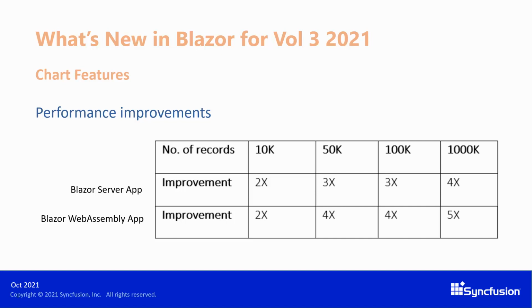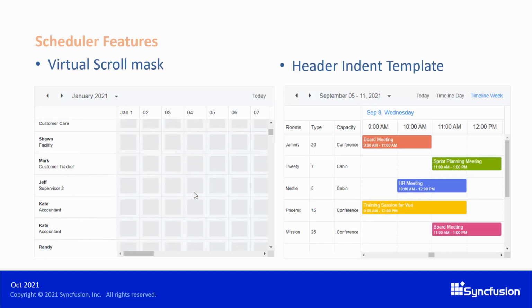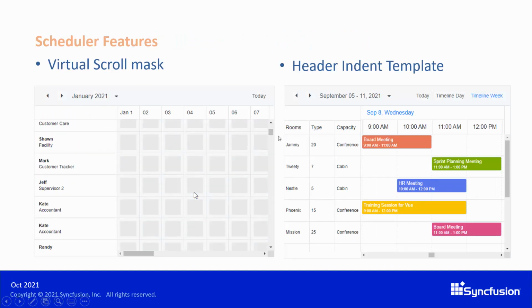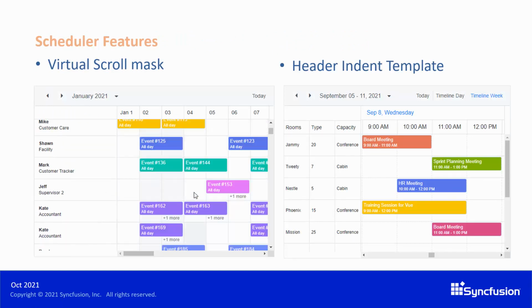Like if you want to change the chart types, or customize your legend or axis range annotations or anything, if you want to make some dynamic updates, you can do it much faster now.